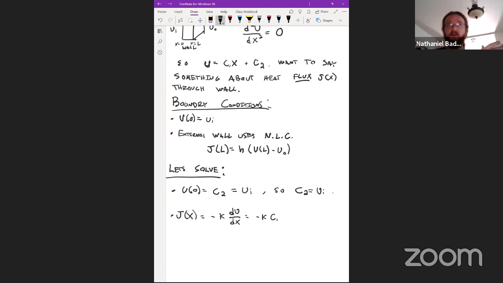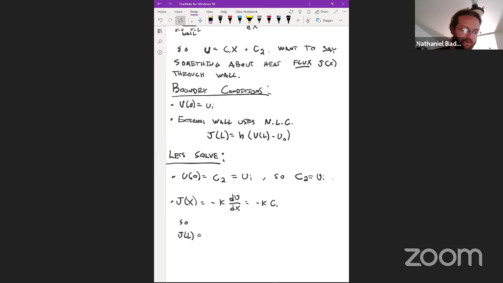We should have the same heat flow everywhere through the wall. And now we've got J of L, and this is supposed to be equal to H times U of L, which is C1 L plus U inside minus U outside.